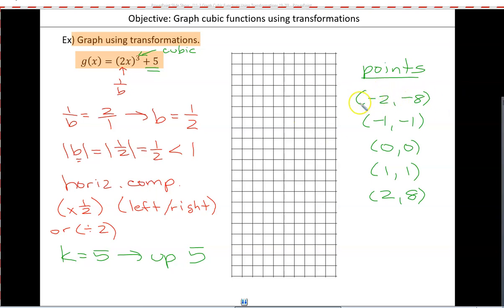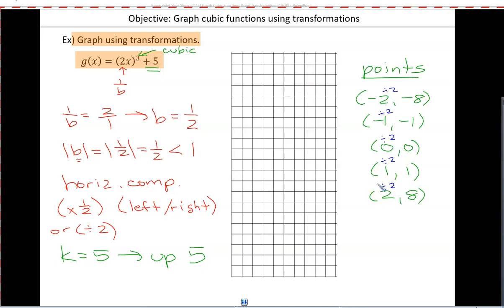So we're actually looking at -2 being divided by 2 and becoming -1. We're looking at -1 being divided by 2 and becoming -1/2. 0 divided by 2 is still 0. 1 divided by 2 becomes 1/2, and 2 divided by 2 becomes 1.